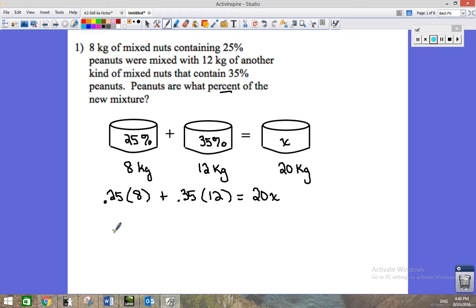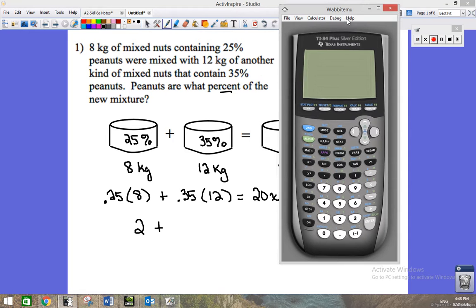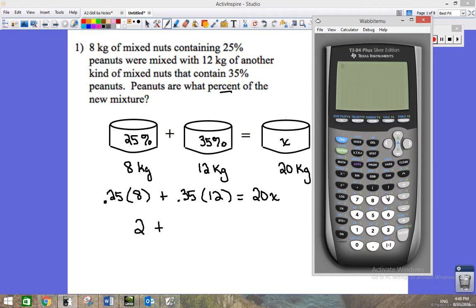Alright, so 0.25 is 1/4. 1/4 of 8 is 2. I'm going to use a calculator so I don't make a mistake. Well, if I can get the calculator to turn on. There we go. 0.35 times 12 is 4.2.